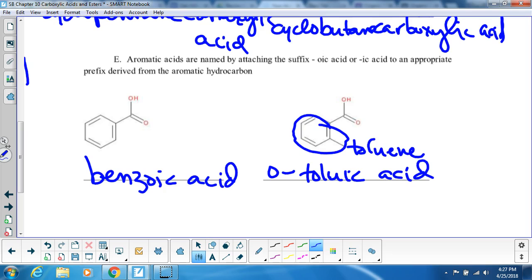Now, I'm not sure, but I don't know why you couldn't do ortho-methylbenzoic acid. All right, I'd have to look that one up. I don't see really what's wrong with that one, but I think the toluic acid is a little bit more widely accepted. Okay, and let's go on to the next page.